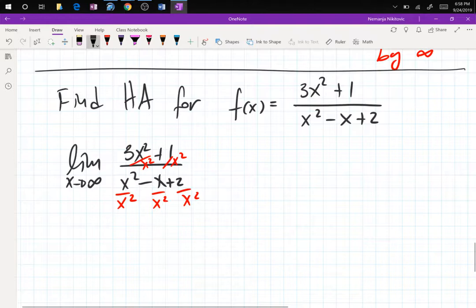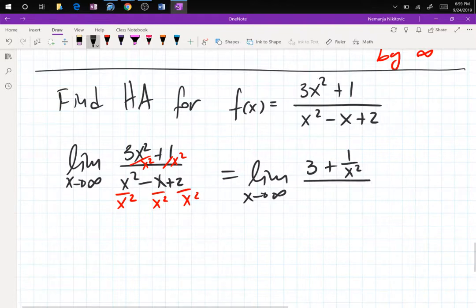And when we cancel, limit x goes to infinity, we get 3 plus 1 over x squared divided by 1 minus 1 over x plus 2 over x squared. And again, we have the same situation. Each of these x's goes to infinity.